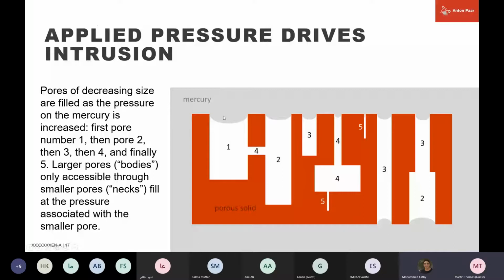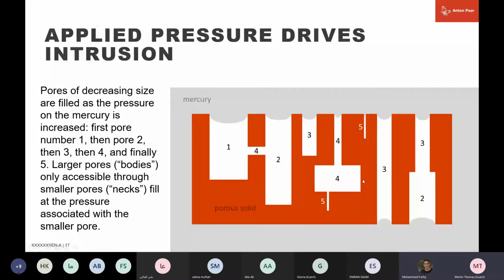Then the next size, 2, then 3. Now, pore 3 can intrude from this face, but will also be filled through pore 2, because at that point both ends would be in contact with mercury, and so on. So it proceeds with 4 and then 5.